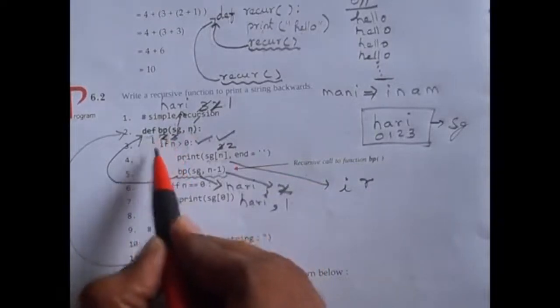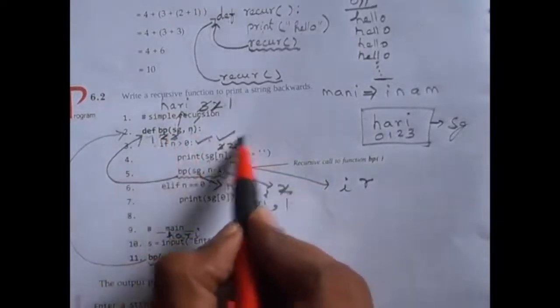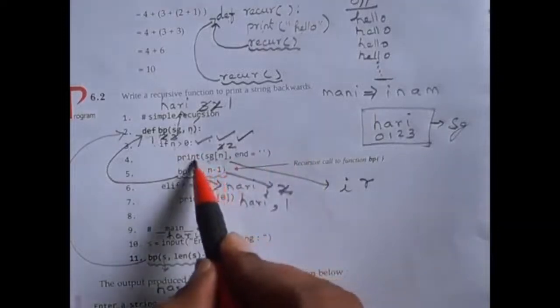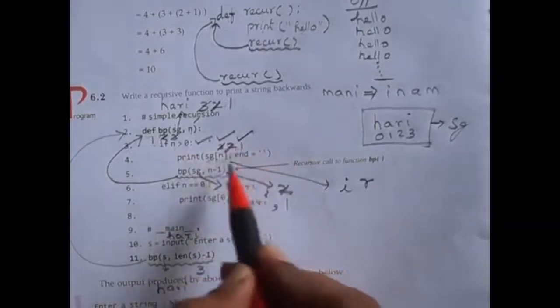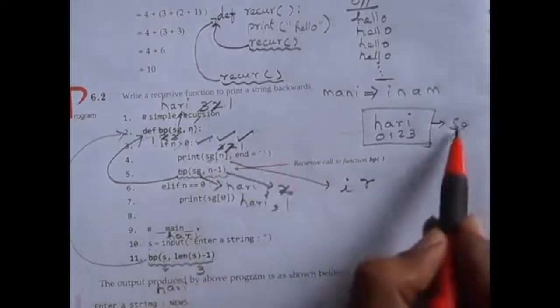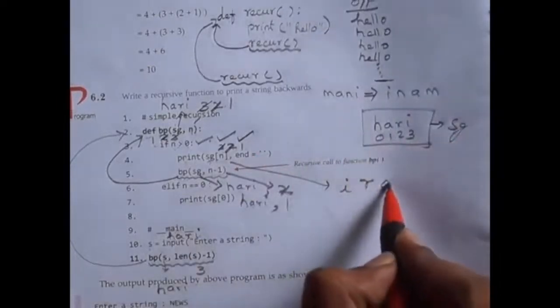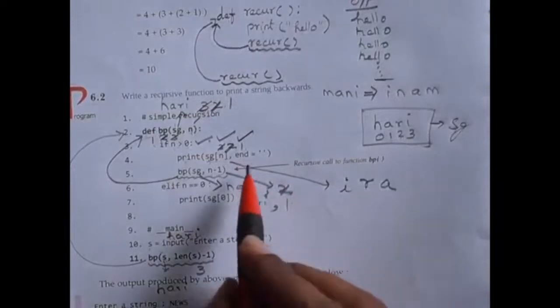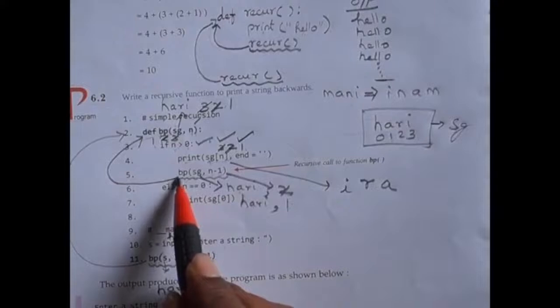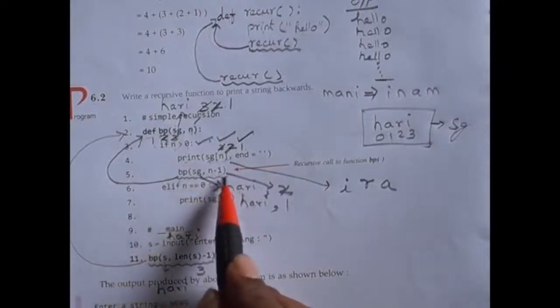Now N value is 1. 1 is greater than 0. Of course the condition is true. Then print SG of 1. SG of 1 means it is A. So it will print A. Now it will come here. It is a function call statement.